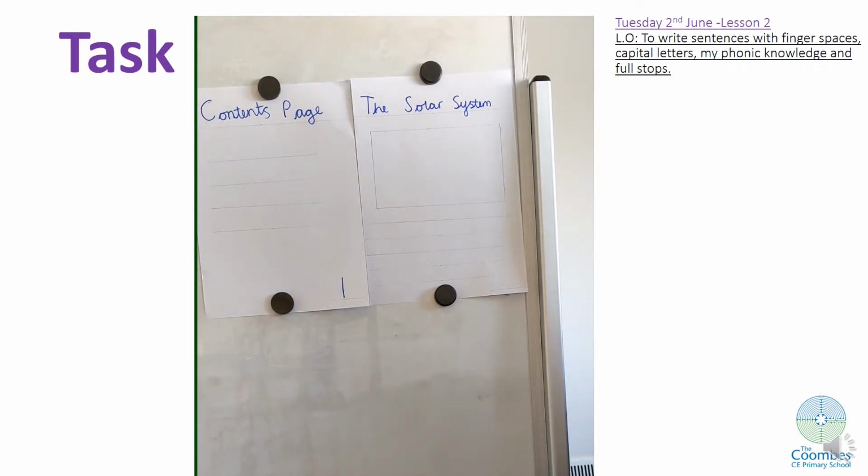So have a little think back to the video and all the facts that we learned about the solar system. You may choose to write just one fact, or you might write 2. I'm going to write one fact today, and I challenge you to see if you can think of any more. So the fact that I'm going to put in is to describe or explain what a solar system is. So I'm going to write the sentence that our solar system is made up of planets and their moons orbiting the Sun.